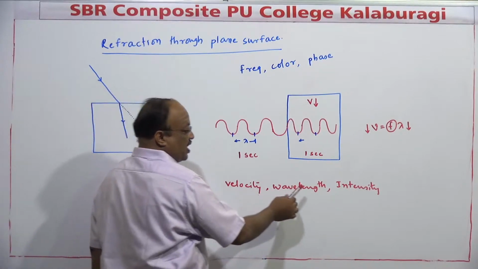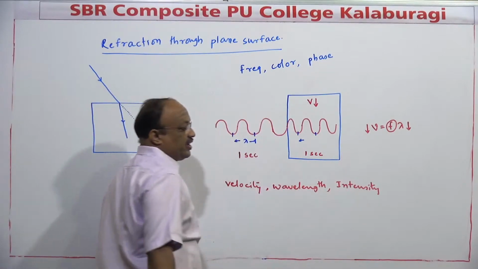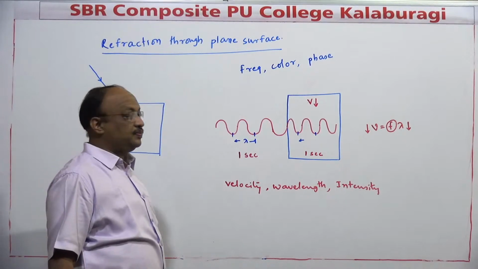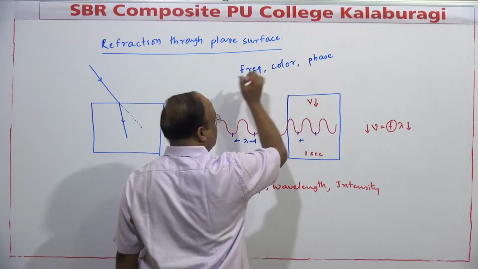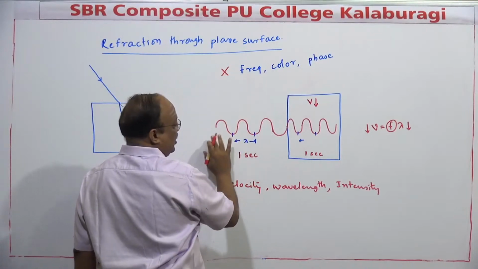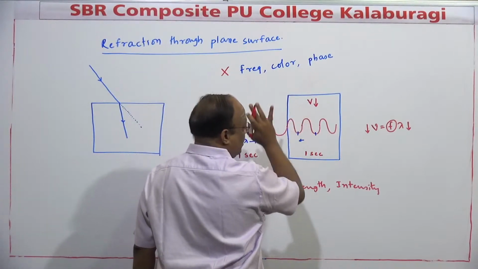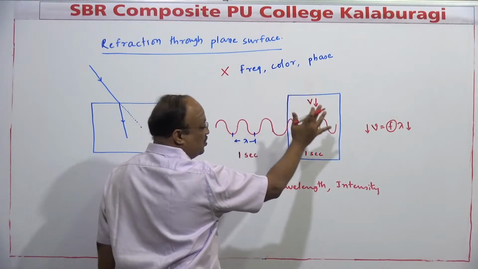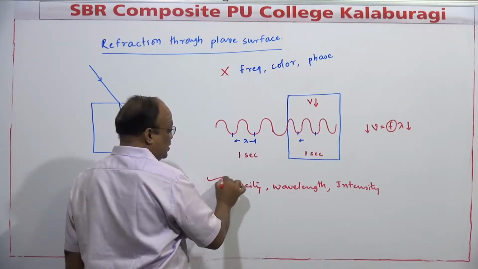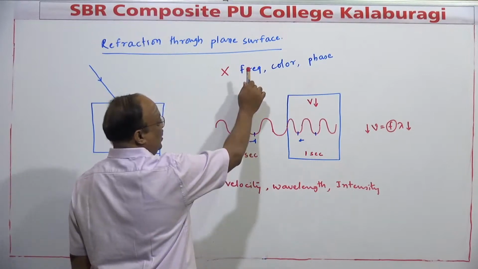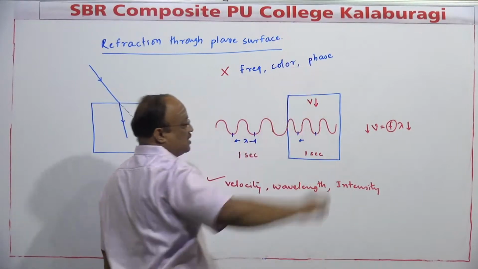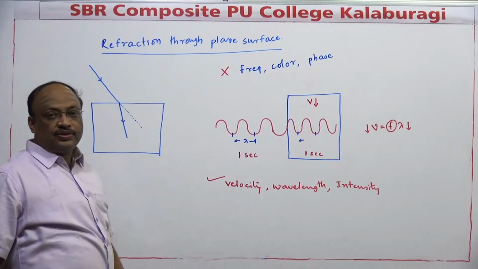So velocity, wavelength, intensity change, whereas the frequency, color, phase do not change if a wave of light travels from one medium to another medium.